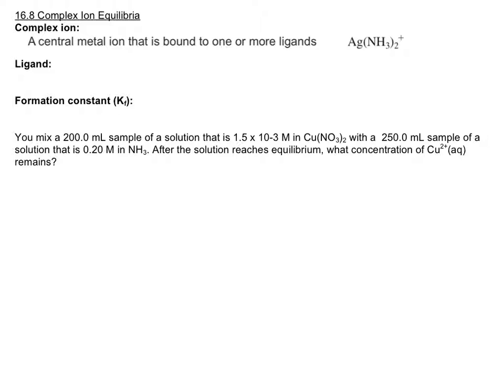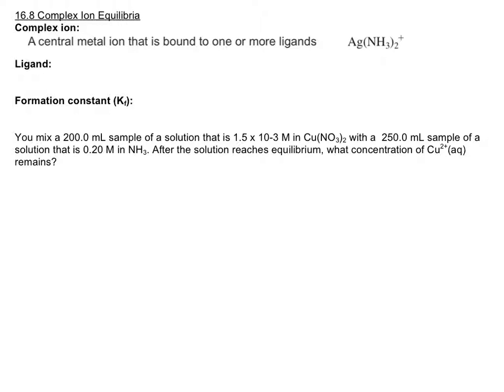Ag(NH3)2+. In this particular example, the central metal ion is the silver, and the ligand is the ammonia. Ammonia doesn't have a charge in this case, but a ligand could be something that has a charge. There are two of them bound to the central metal ion, and the complex ion has the same charge as all the charges added up.